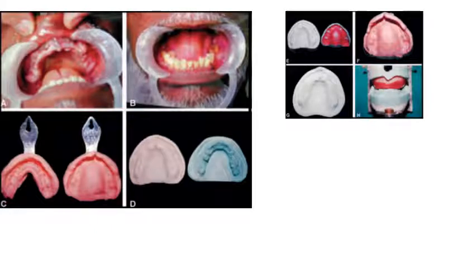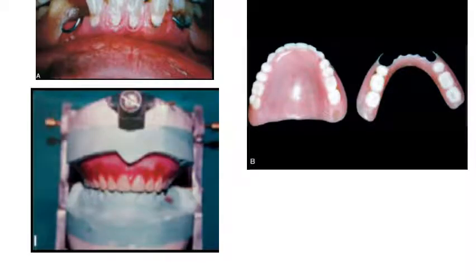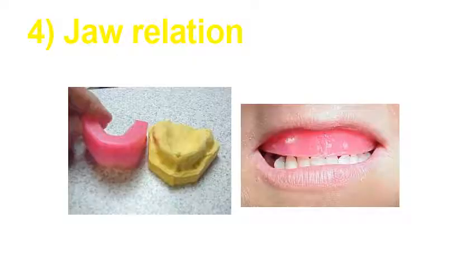After that, the jaw relation record was obtained and mounted onto the articulator. After checking the occlusal contact between the upper and lower natural dentition, this is the final denture ready to be inserted inside the patient's mouth.